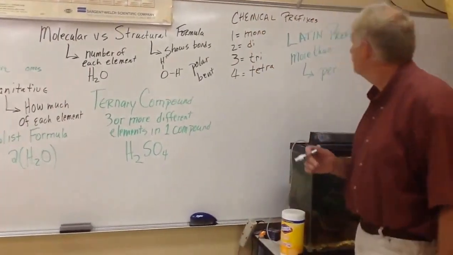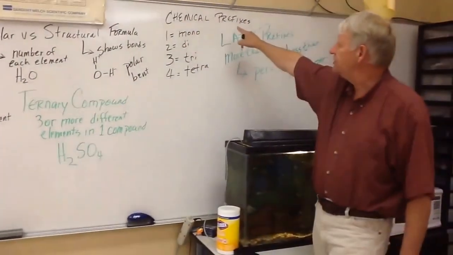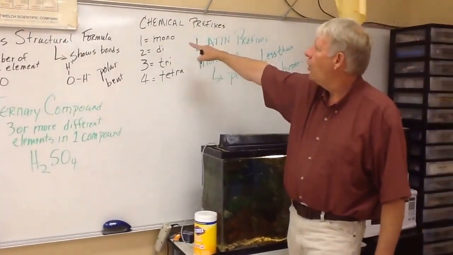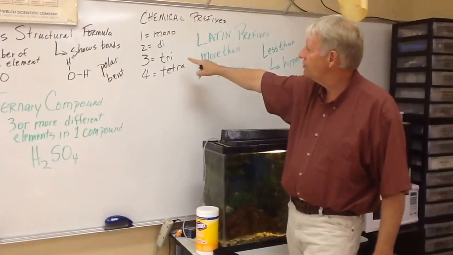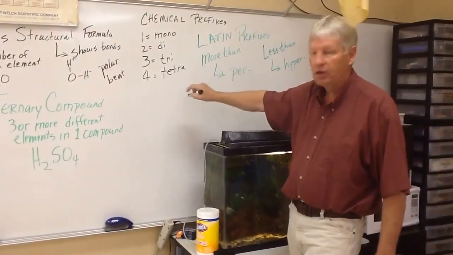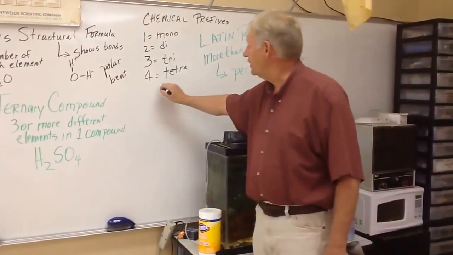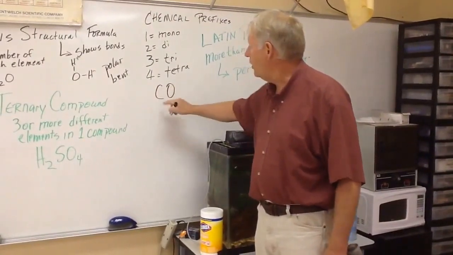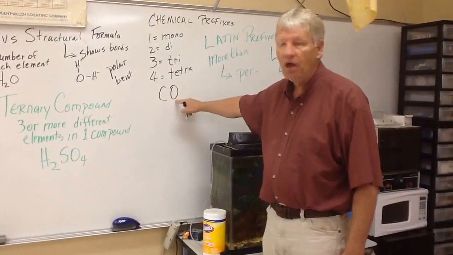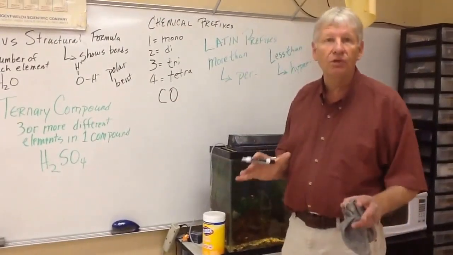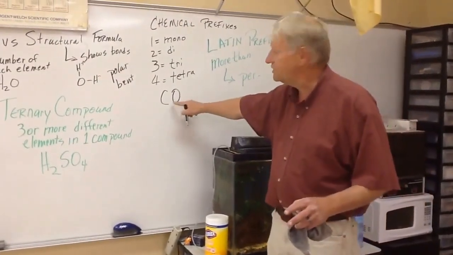So now let's do some chemical prefixes. All right. So 1 is mono, 2 is di, 3 is tri, 4 is tetra. So here we go, let's look at some. CO, this is carbon, and since there's just 1 there, monoxide. Now, we usually don't use mono because we usually know that if there's not a prefix that it's 1.